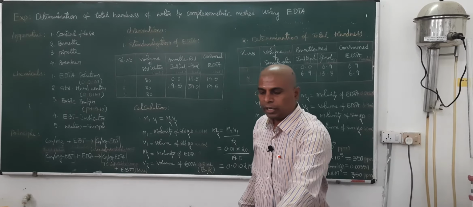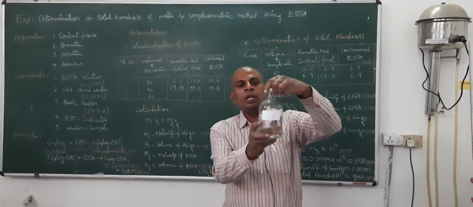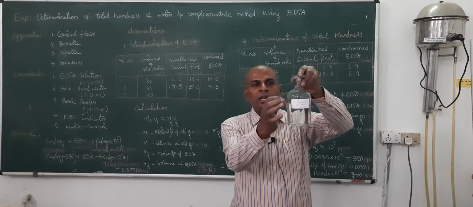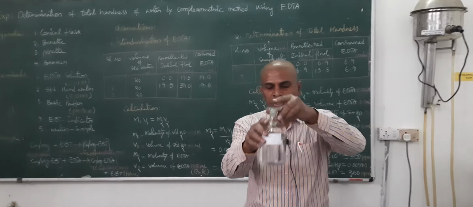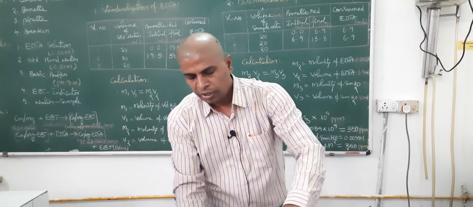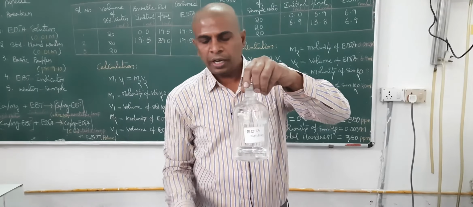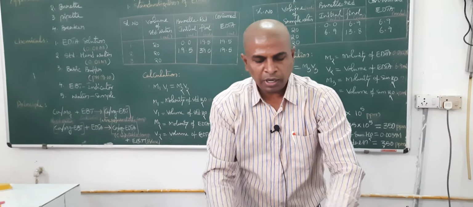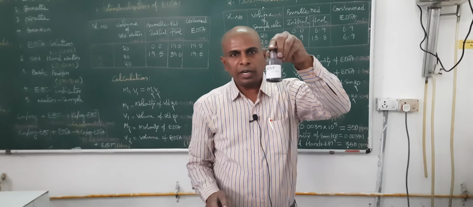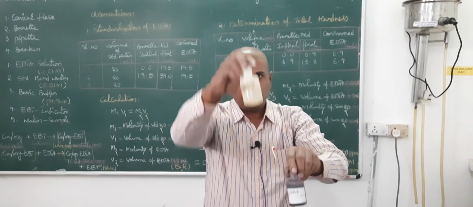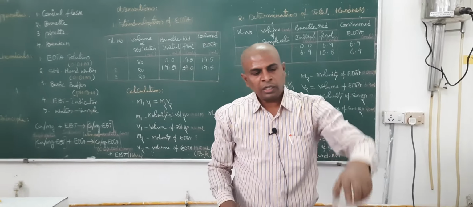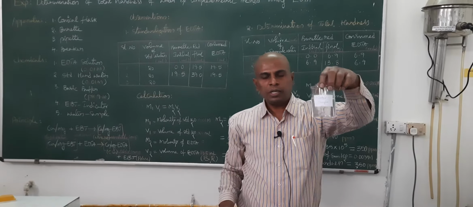This one is EDTA, ethylene diamine tetraacetic acid, and this is the standard hard water. Then we have EBT indicator and the basic buffer. These are the chemicals, and we are also taking the water sample.